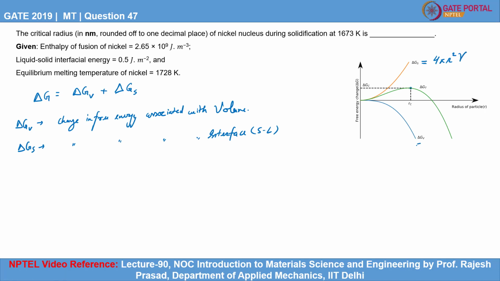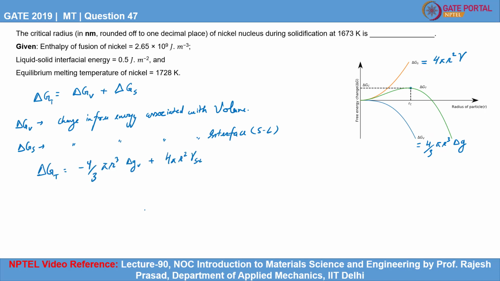While on the other hand, delta Gv describes how probable it is to have a phase change, and mathematically it is equal to the volume of a sphere, 4 by 3 pi r cube, into delta G, that is volumetric free energy. So total Gibbs energy is the addition of the volumetric free energy and surface free energy.